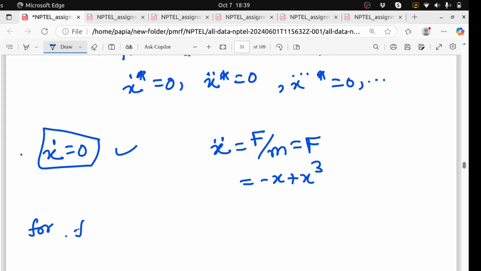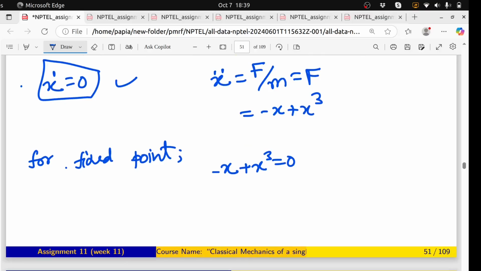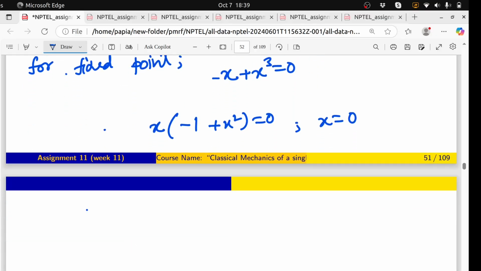So for the fixed point, minus x plus x cube equals 0. From there I can see that x times (minus 1 plus x square) equals 0. So x equals 0, and minus 1 plus x square equals 0, which gives x square equals 1, x equals plus or minus 1.